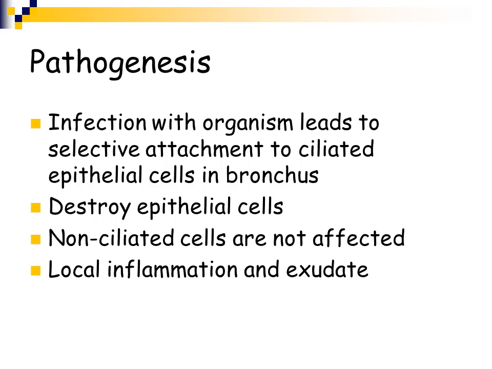As for the pathogenesis of Bordetella pertussis, when someone gets infected with this organism, we already said that the organism attaches specifically to the ciliated epithelial cells in the bronchial region of the body. The toxins destroy those epithelial cells.